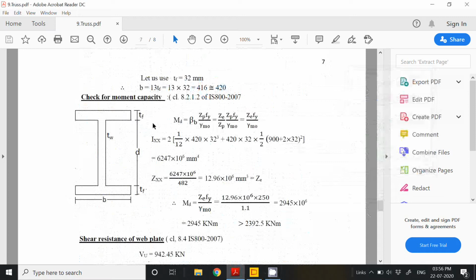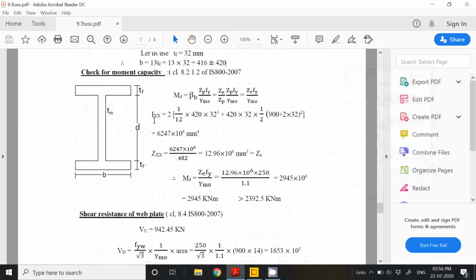Now we have to check the moment resistance of the section. So for the moment, again the formula, this one that you will get in IS 800. After getting this formula, beta b is equal to Zd by Zp. So ultimately we put it here and we get this formula.